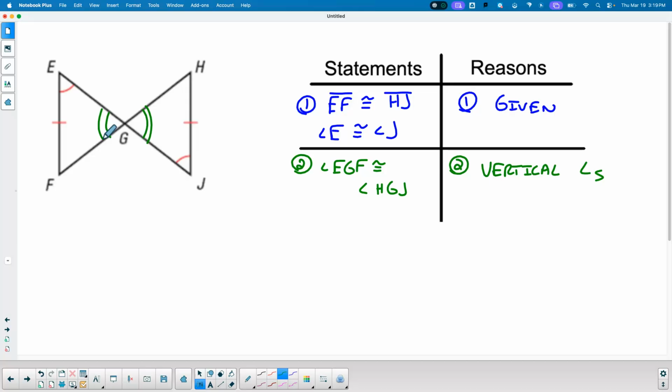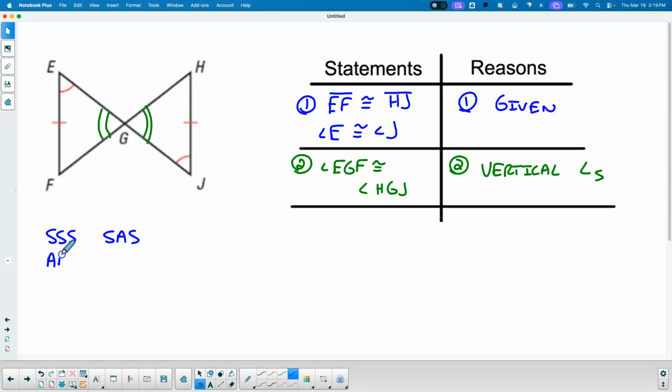Now, remember the 5 ways to prove that triangles are congruent. Okay? My 5 ways, again, are side, side, side; side, angle, side; angle, angle, side; angle, side, angle; and hypotenuse leg, but that only works if I've got a right triangle. Okay?